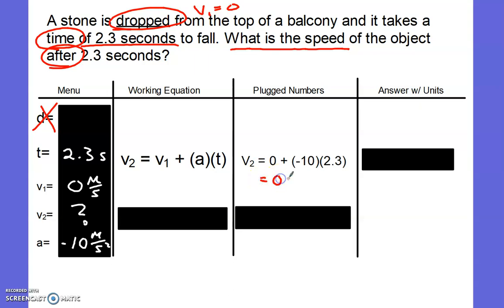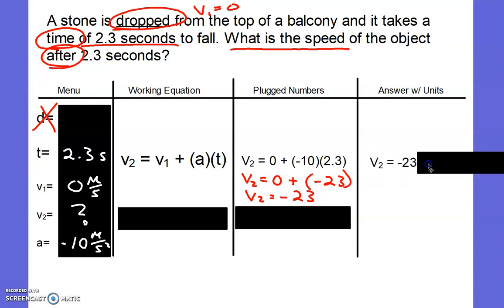This is simply 0 plus -10 times 2.3, which is -23. If I take 0 plus -23, that is -23. So my answer becomes -23, but we do need a unit.